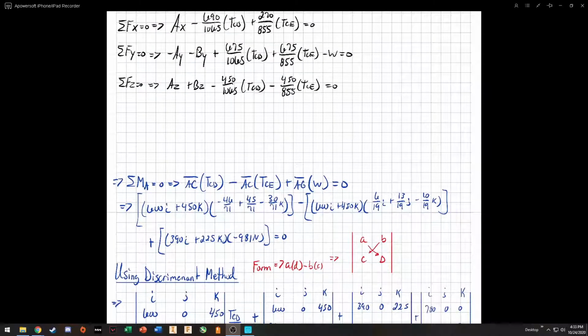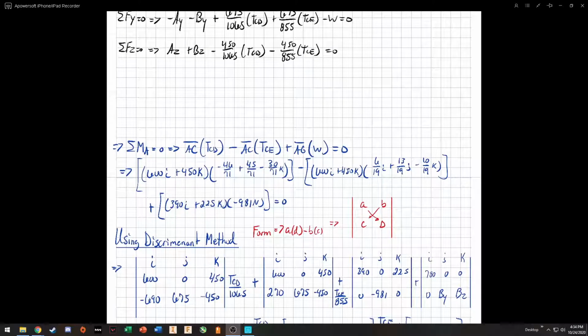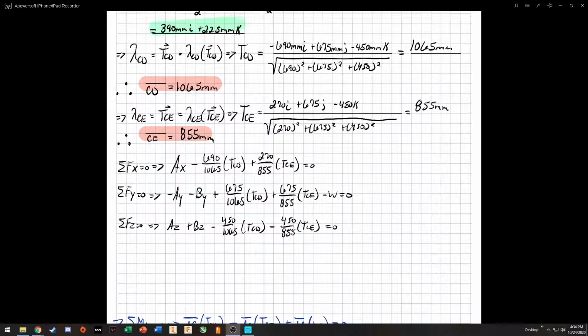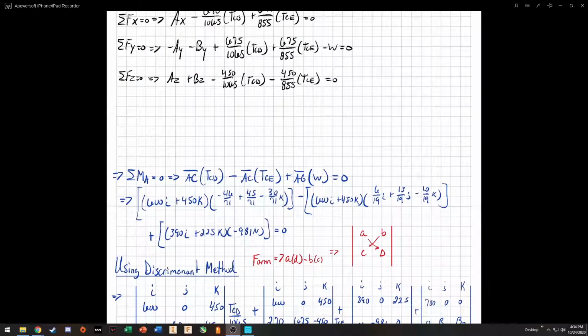If we take a moment about A, we get our length AC times tension CD minus length AC times tension CE plus our length AG times our weight is equal to 0. If you break those points down, you'll get 600 millimeters i plus 450k times, and this right here, the negative 46 over 71.